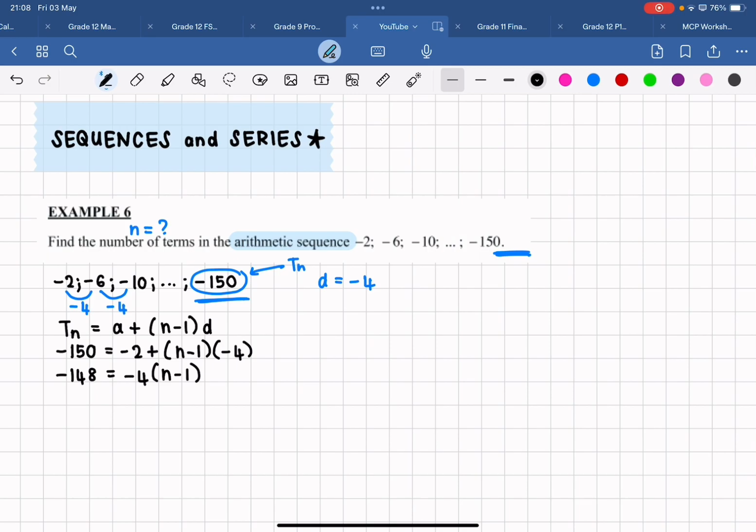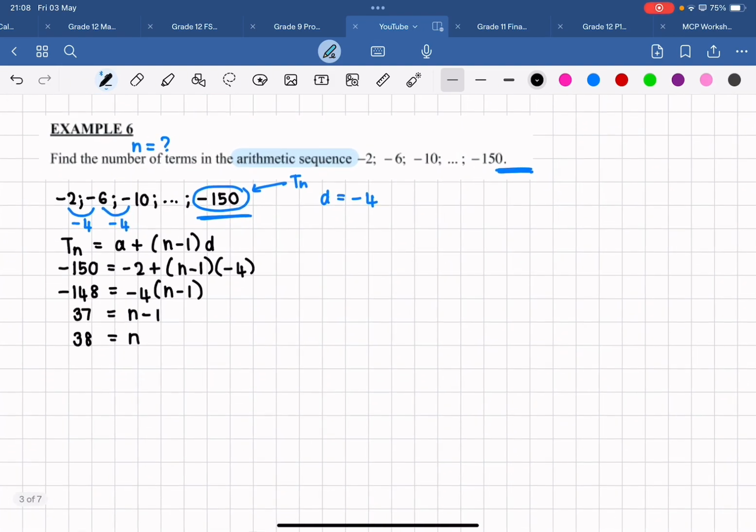All right, next up we need to now divide both sides by -4 to get rid of the -4 in front of those brackets. So when I say -148 divided by -4, the answer is 37, and that is equal to n minus 1. And now to get rid of that -1, I need to add 1 to both sides. So 38 is equal to n. Now guys, what that means is that term 38 is equal to -150.